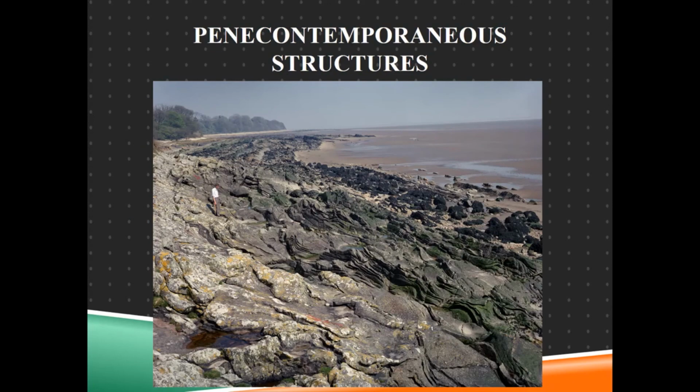For example, all these folds and wiggles here were caused by an earthquake, and the sand that was here was wet and it caused it to liquefy, called liquefaction. And then once the earthquake stopped, the stuff was all folded like this. Eventually it got buried and solidified into rock that maintained those shapes.